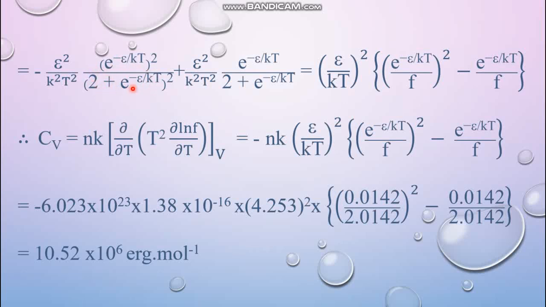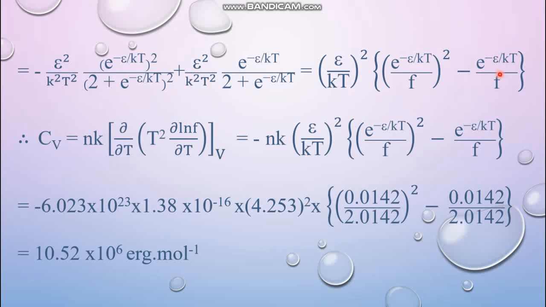Now this is f, so this is f square. So exponential part by f whole square, because here is also power 2. So this is exponential term by f whole square. And here also the exponential part by f, because 2 plus e to the power minus epsilon by kt is f. You have already derived this. Okay, so this is written here.